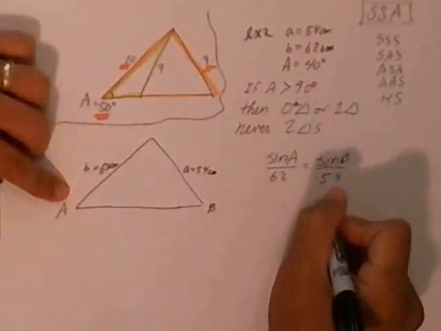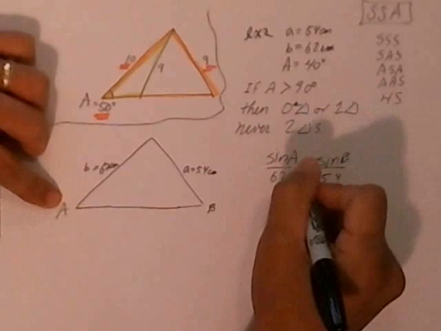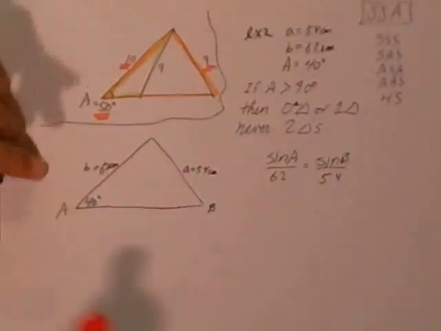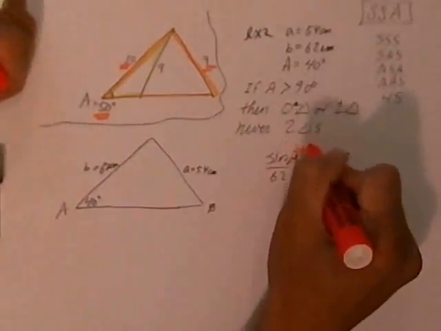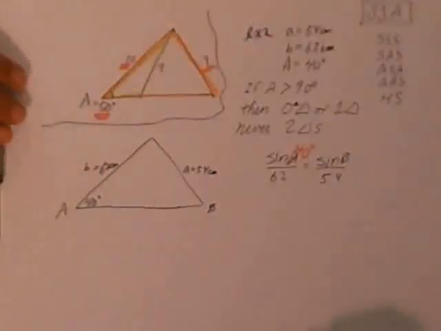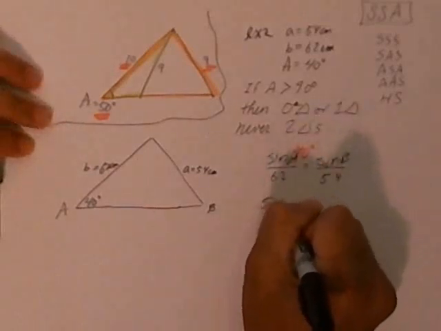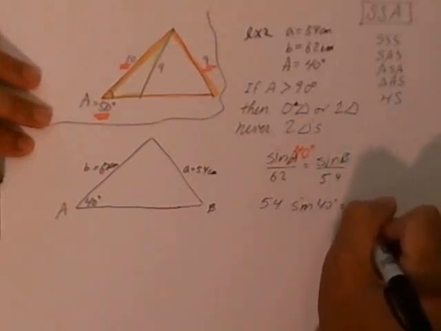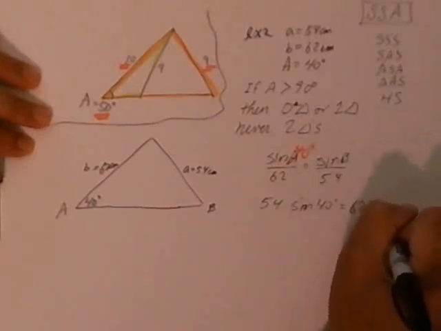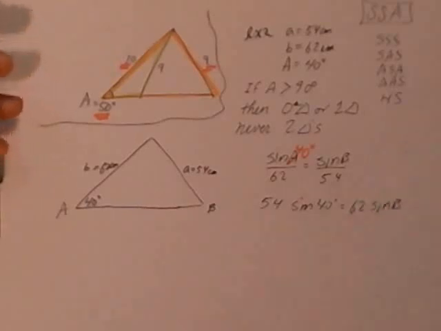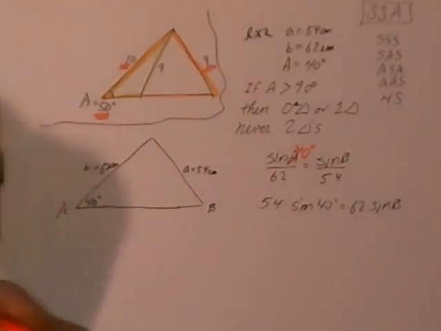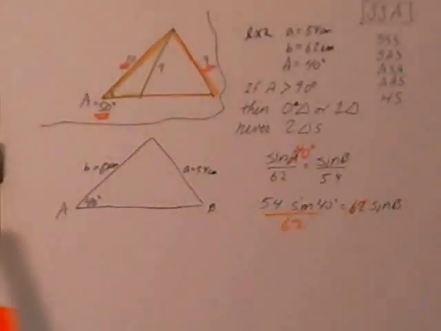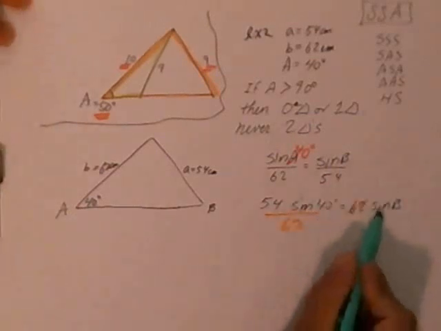We're going to cross multiply, with the angle A being 40 degrees. So 54 times the sine of 40 degrees is equal to 62 times the sine of the angle B. To get rid of that 62, we divide by 62. And how do we solve for this angle B?